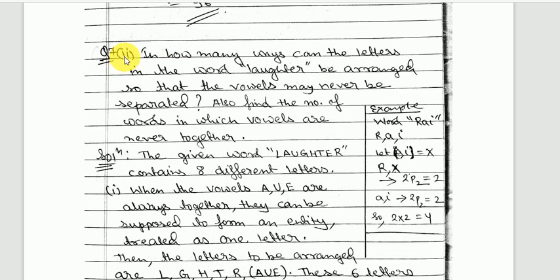Next question is question number 7.2. In how many ways can the letters in the word laughter be arranged so that the vowels may never be separated? Also find the number of words in which vowels never come together. So here we have got the word laughter. This word laughter has 8 letters and all letters are distinct.